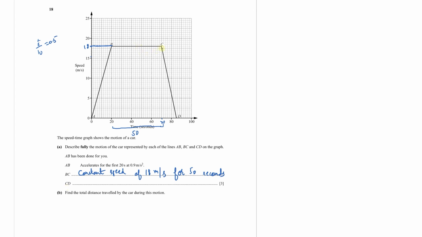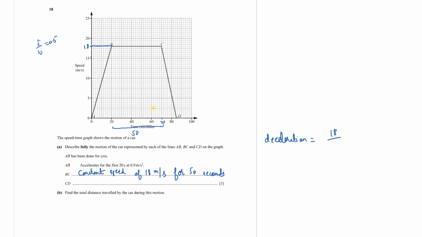And then CD, you can see the car is decelerating. So since in AB you were given acceleration, we will have to find this deceleration. So deceleration will be change in speed. So change in speed is from 18 to 0. So change in speed is 18. And the time taken will be this duration.